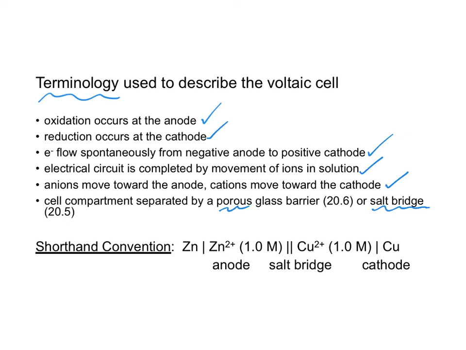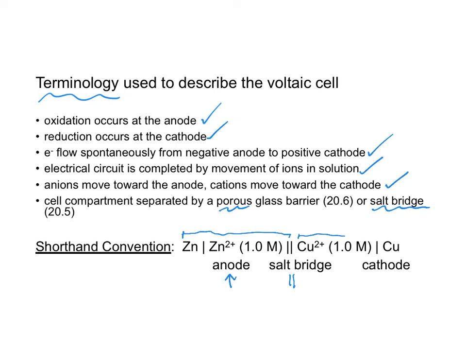It's very, very short. What I do have on the bottom is something called a shorthand convention. I will say, here is my zinc 2+ couple. The way I've written it, it's an oxidation, and that denotes that it is the anode. There is this double line, and that represents a salt bridge or a porous separator.